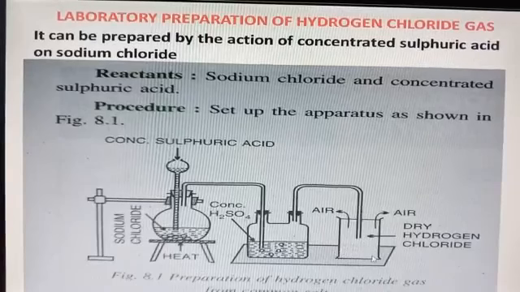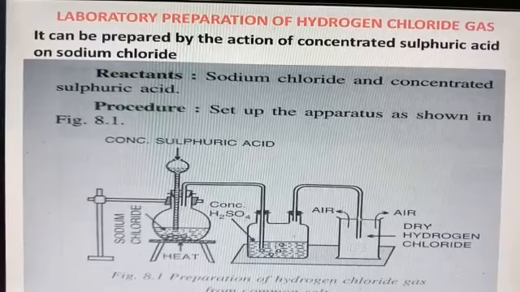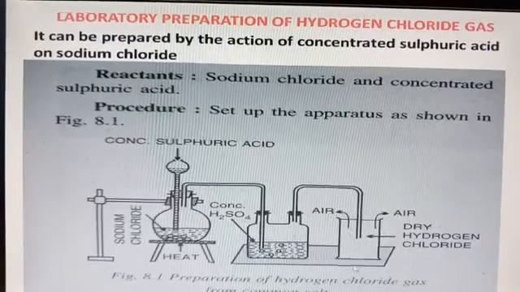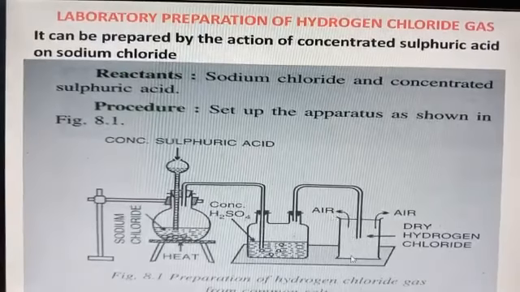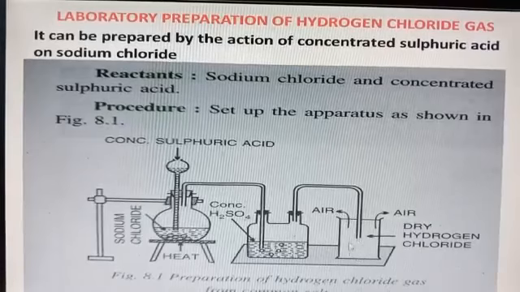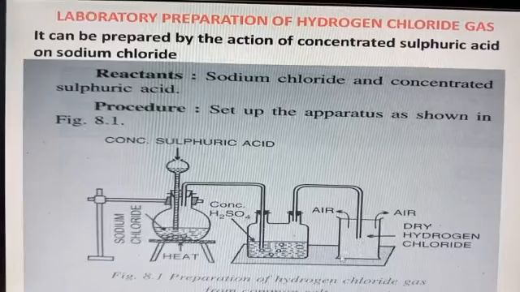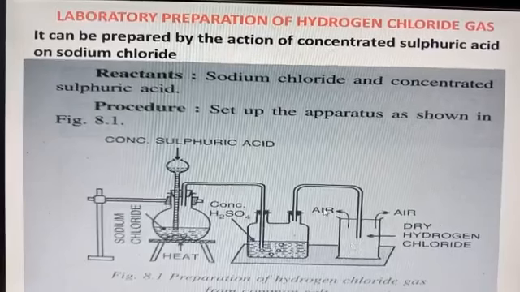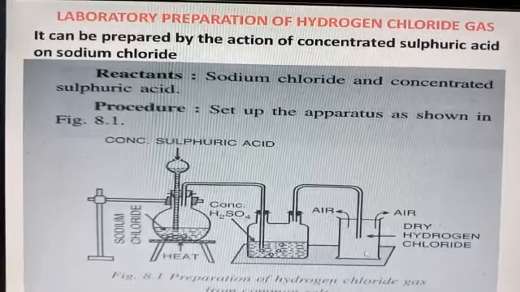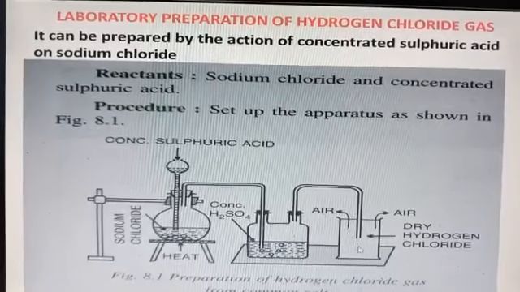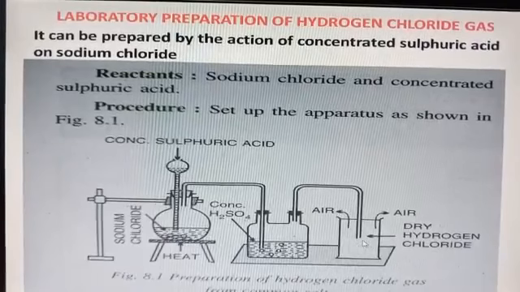That means the air present in the lower portion of the jar needs to escape upward. It escapes from the upward direction. That means air will be moving upward. Hence it is called upward displacement of air. When hydrogen chloride gas is collected in the jar, the air moves up and escapes out. In this way, hydrogen chloride gas is prepared and collected.